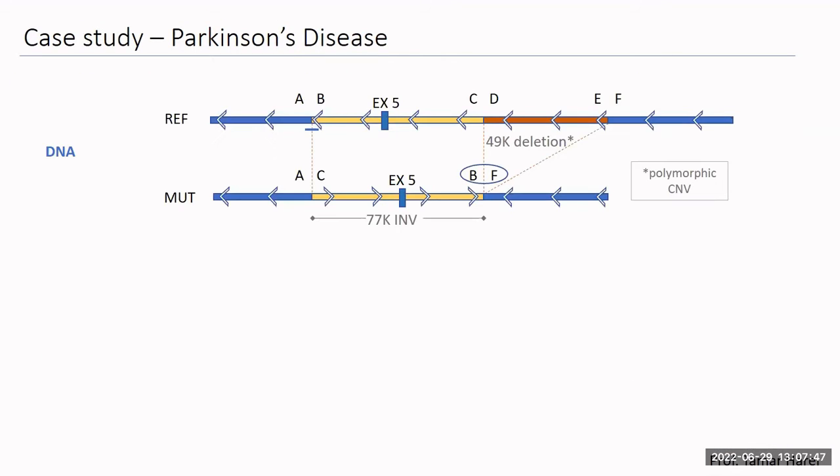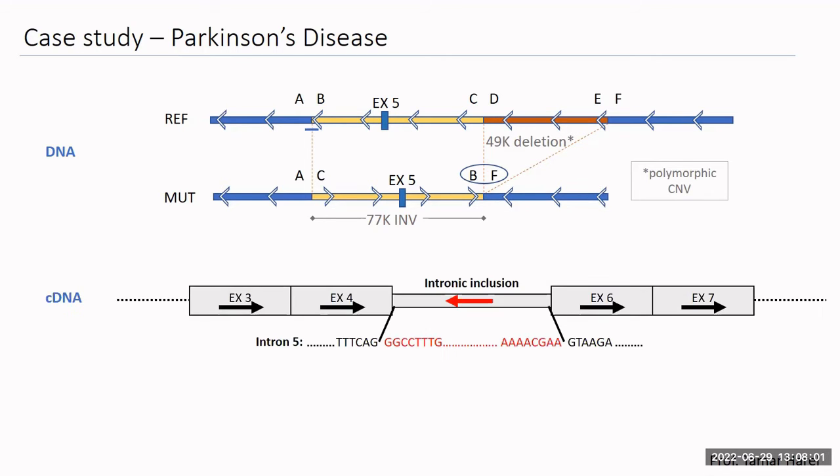And we, of course, validated that. So what happened here was just an inversion of exon number 5, which is totally balanced, so we're not expecting any copy number variation in these patients. And we actually validated that also on the cDNA level, and we found that there was an intronic inclusion.